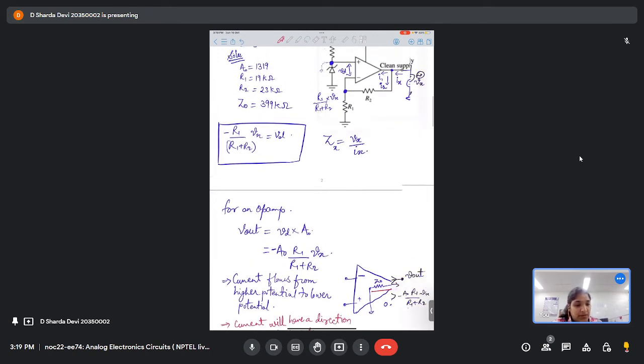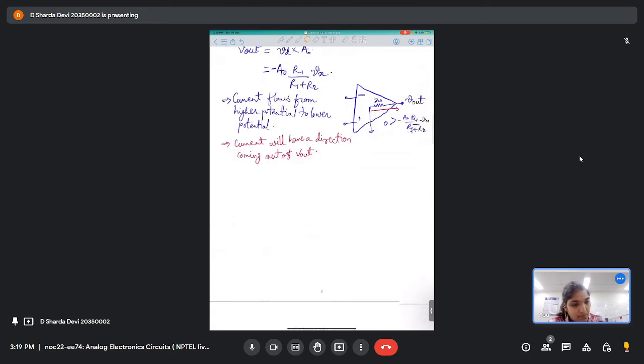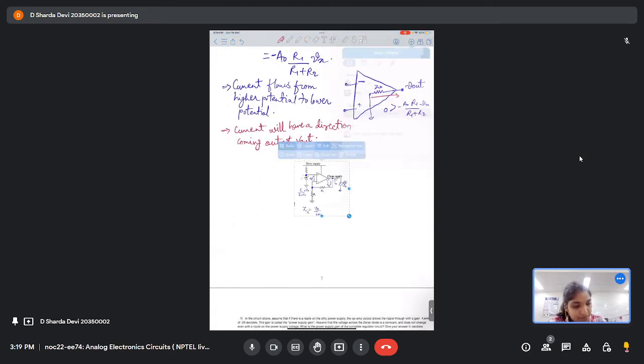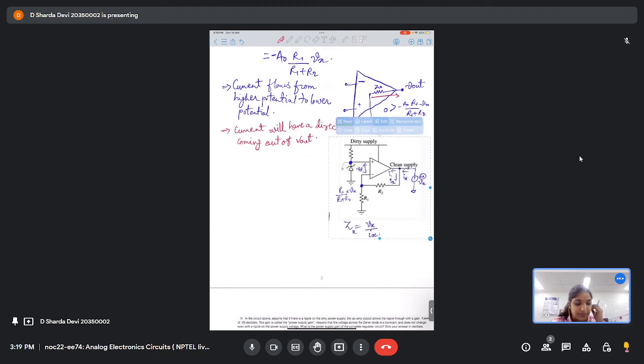But in this particular diagram, if we observe carefully, we are saying I1 is going inwards, but it turns out that our current was going outward.